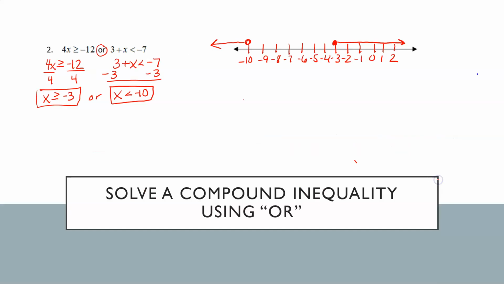So let's look at number 2. Number 2, this is an or. So this is when we're going to use these symbols. So on this side of the graph, I have starting at negative infinity, goes on forever to the left. So I'm going to use parentheses.